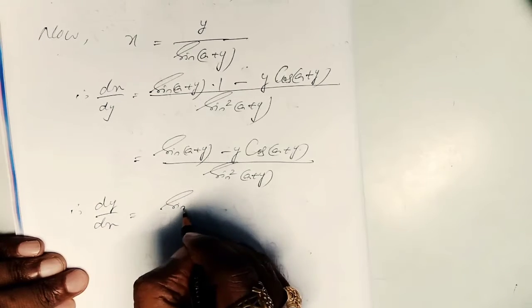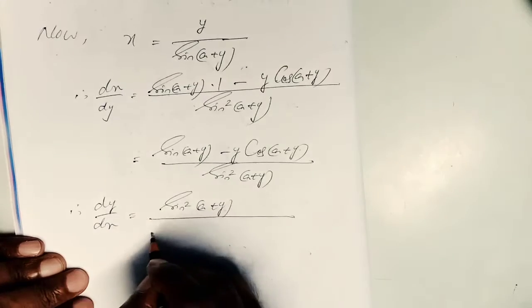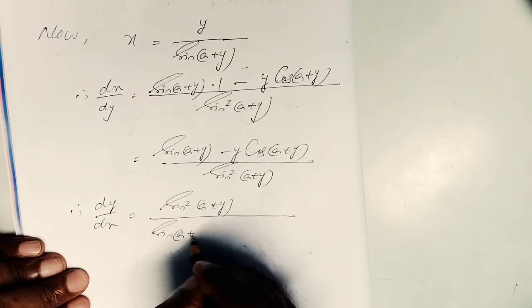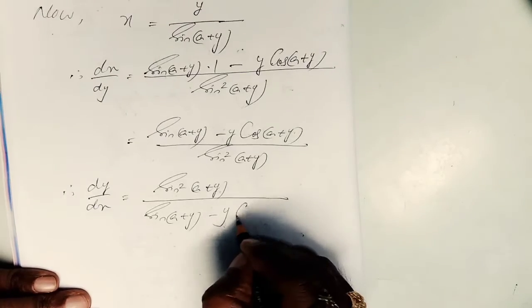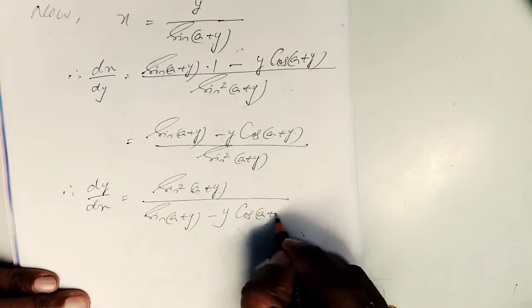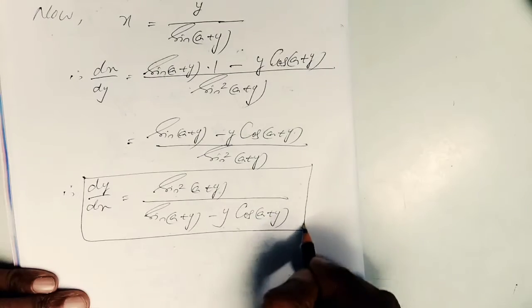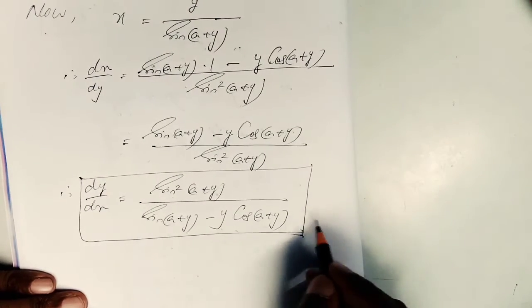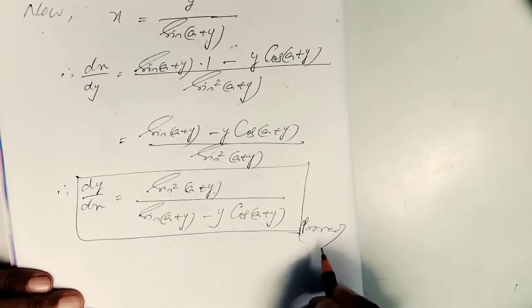This will be sin square (a plus y) by sin(a plus y) minus y cos(a plus y). This is the required result that you have to prove. This is the way of proving question number 11. Let us go to the next part.